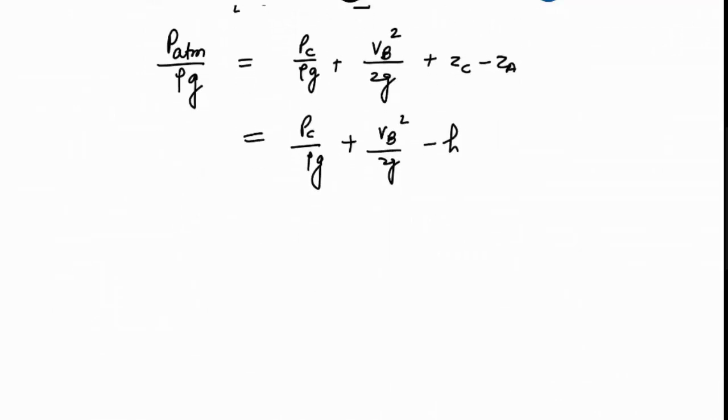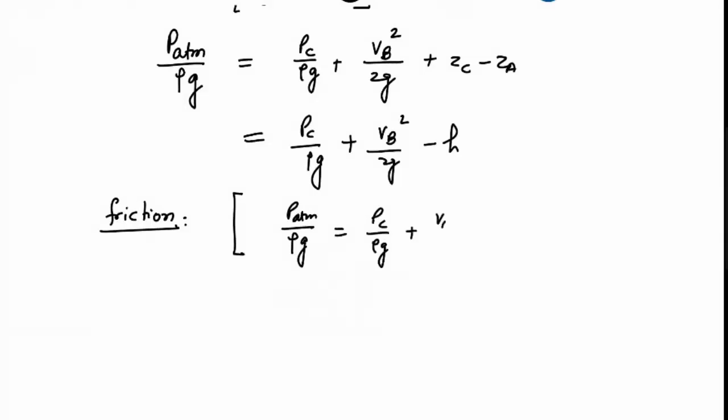So I can write this as negative h. If you consider friction, then you also have to subtract the corresponding friction loss. So if you also consider friction, then in that case this equation will be P atmospheric pressure divided by rho g is equal to PC by rho g plus VB square by 2g minus h minus HL dash.